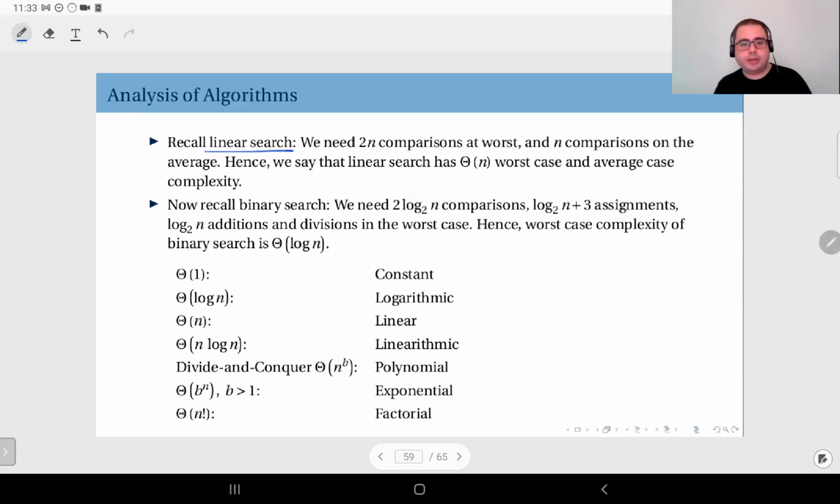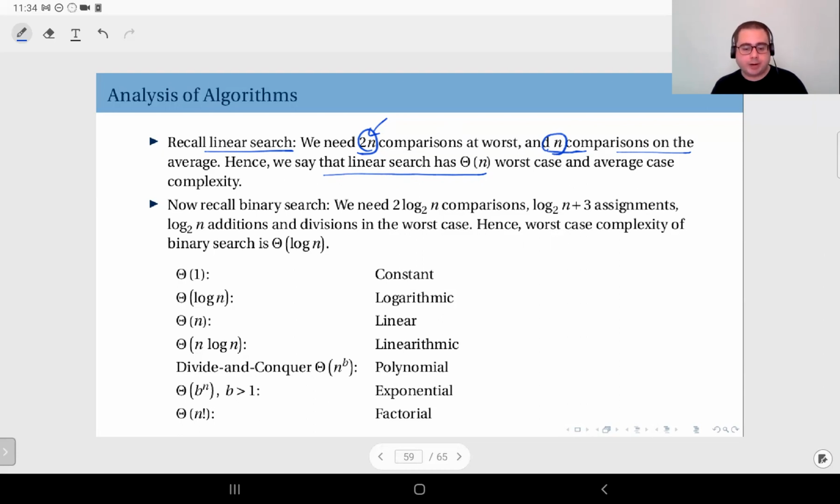We need 2n comparisons at worst, n being the number of values in your sequence to be searched, and n comparisons on the average. In this case, we say that linear search has big theta n worst case and average case complexity, because 2n and also n are big theta n. They are polynomials, so they are big theta n.